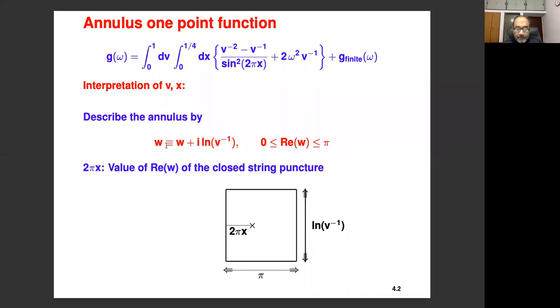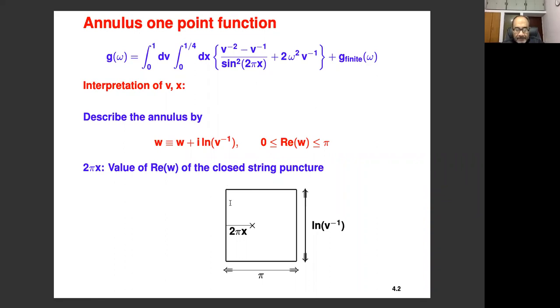I have written this in terms of this complex coordinate w, so the real direction extends from 0 to pi, and in the imaginary direction there is a periodic identification by log of v inverse. This is of course positive because v takes value in the range 0 to 1.